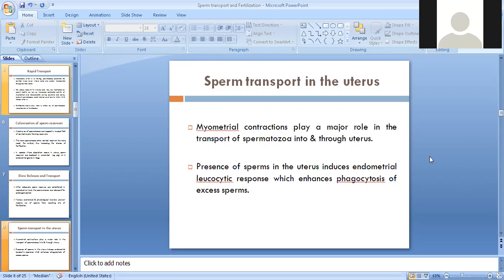This leukocytic response leads to phagocytosis of the excess sperms. This way the very excessive number of sperms get filtered, and only a few productive, or you can say very fertile sperms, get transported further into the oviduct for fertilization.